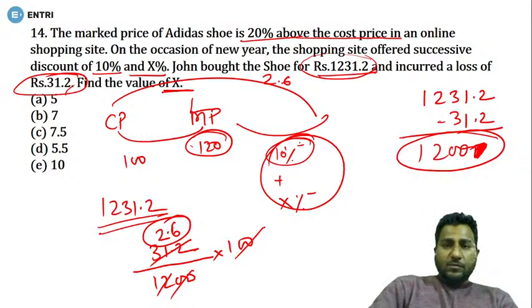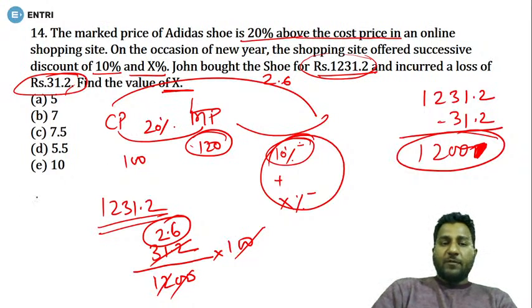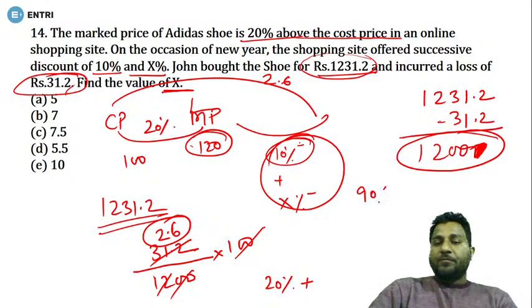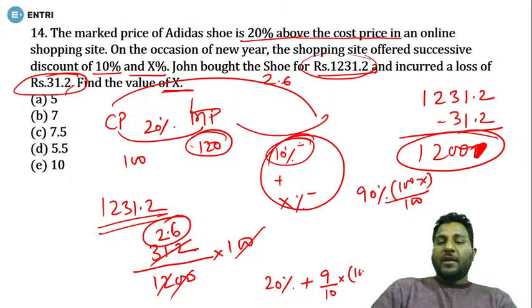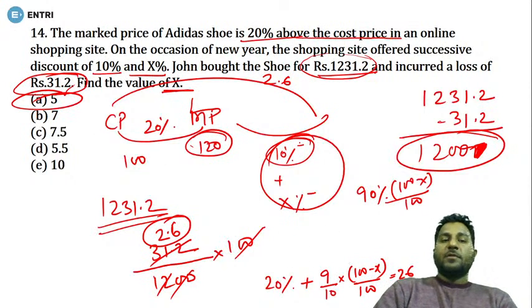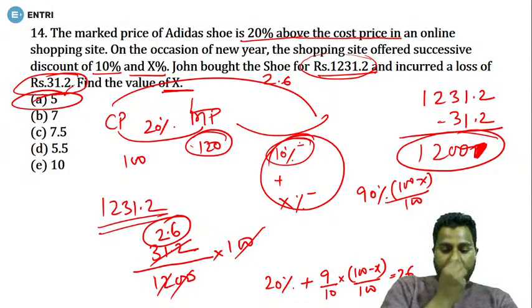Okay, we knew that it was 20% above, plus now 10% means 90%. And 100 minus x percent. Okay, the successive one. So 9 by 10 into 100 minus x by 100 must be equal to 2.6. So when you put the value here, you can easily figure out the answer. So your option A will be the correct one.